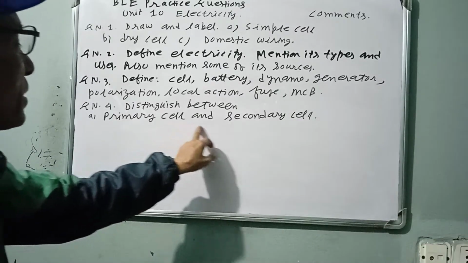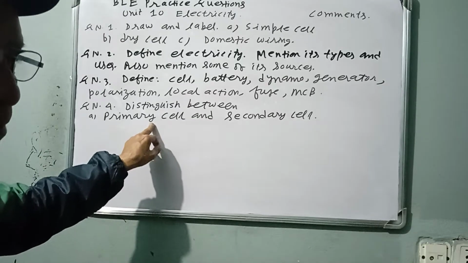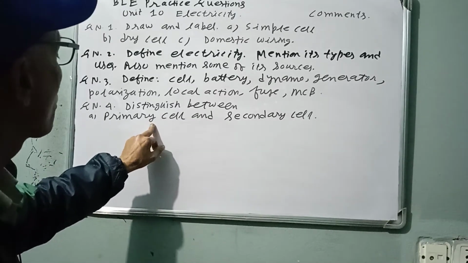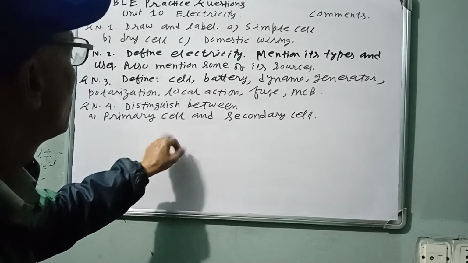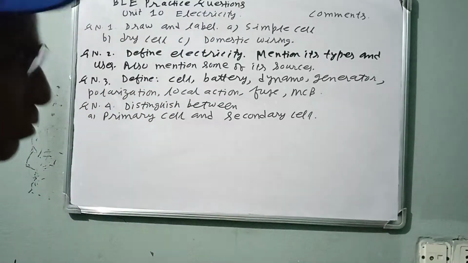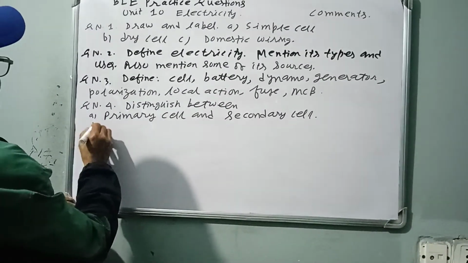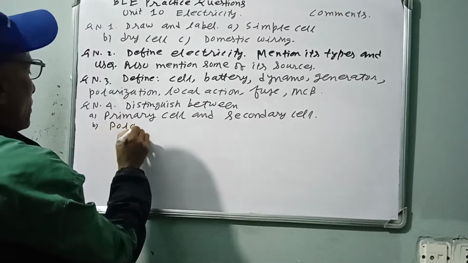Primary cells cannot be recharged, secondary cells can be recharged. Primary cells have voltage 1 volt or 1.5 volt, and secondary cells have 2 volts or more than 2 volts. They produce more electricity.